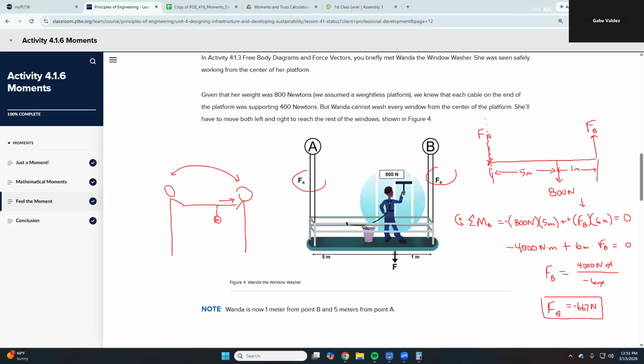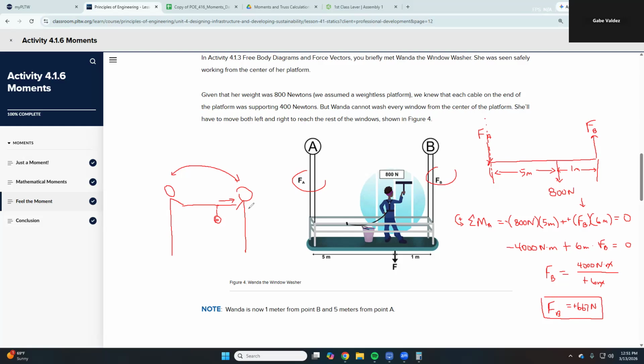So now when I move the 4,000 to the other side, this becomes positive, and I end up with positive 667 newtons. Had I assumed the correct direction initially, my answer would have been positive, showing that it is 667 newtons.